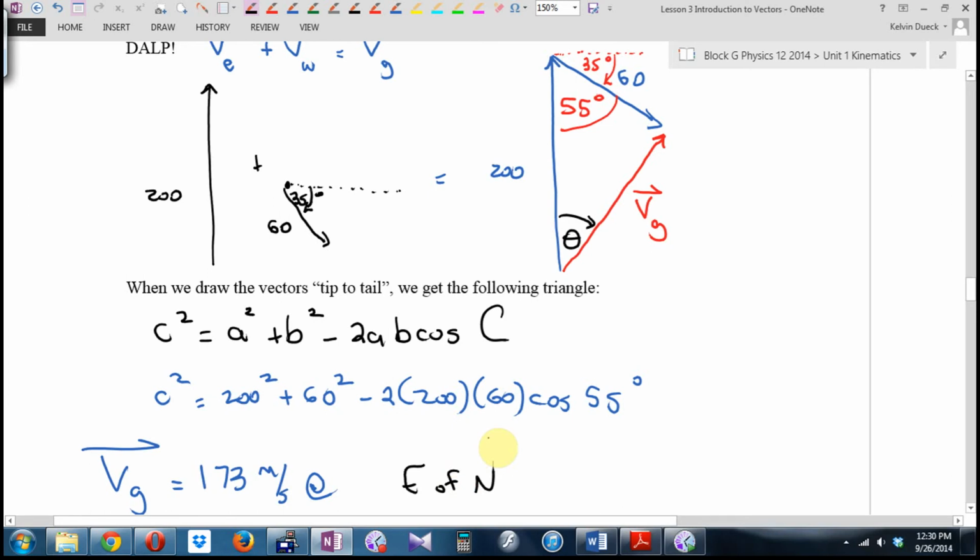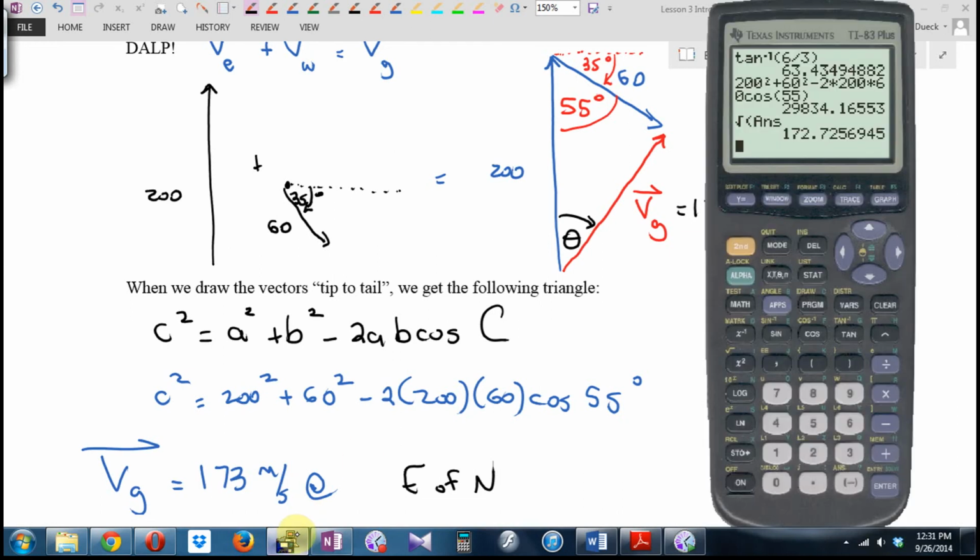Can I use SOHCAHTOA? This is not going to be tangent. Is there a pair? There is now, because I just figured out that this is 172.73, blah, blah, blah. So, sine law or cosine law?